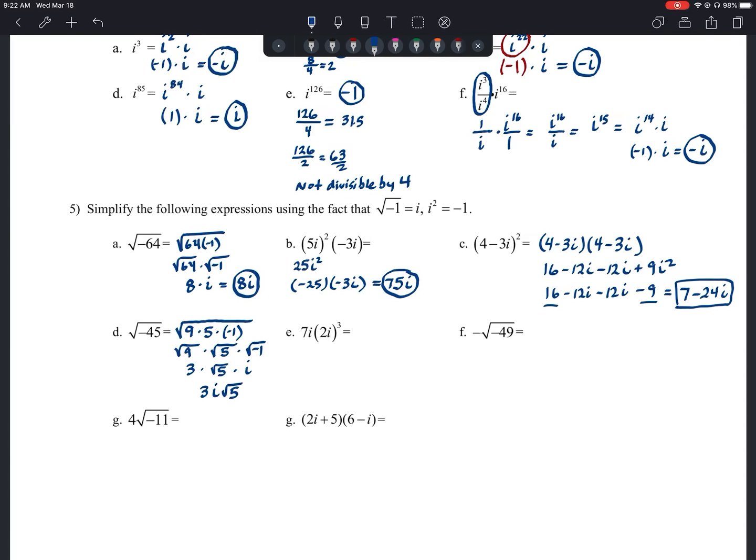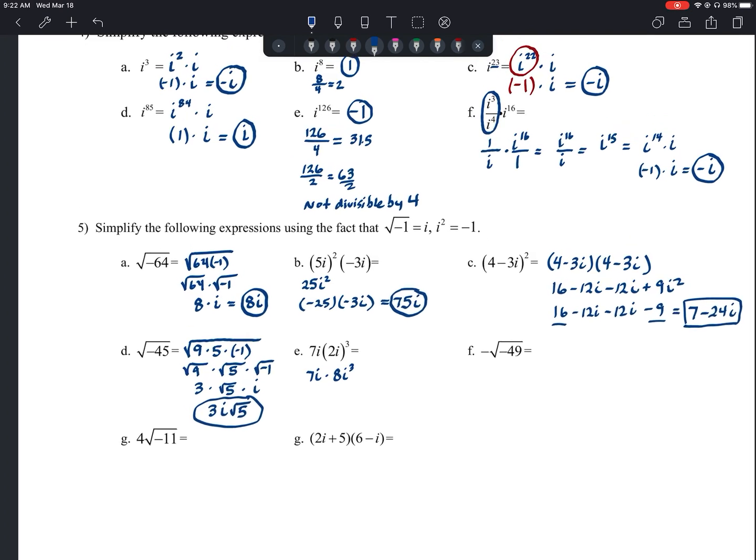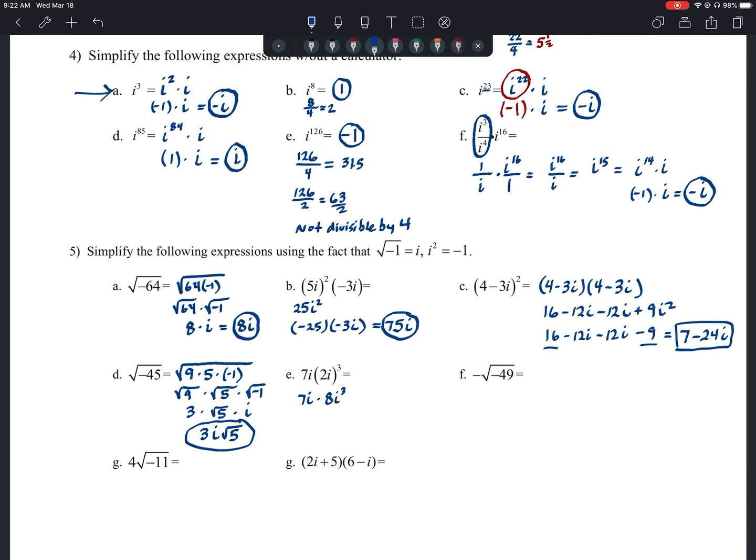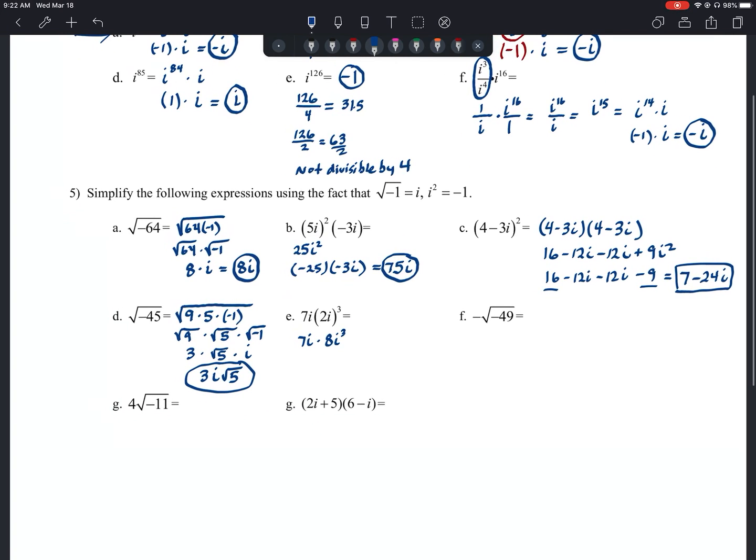Letter E. Start with the exponent here. We have 7i times the quantity of 2i to the third. Well, 2 to the third is going to be 8. So I have 7i times 8, and then i to the third. Now, i to the third we already did up here in this previous problem, right? Isn't that the equivalent of negative i?